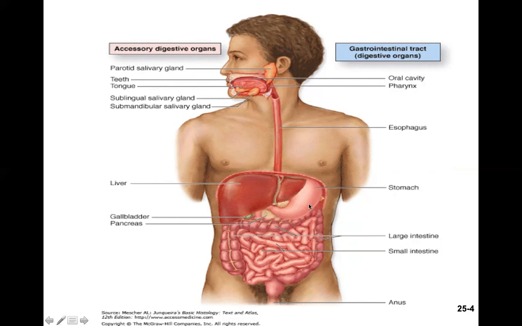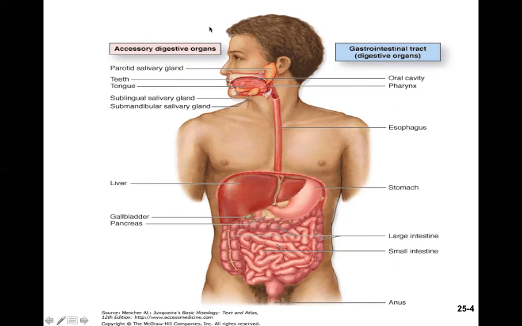The stomach empties into the small intestines, the small intestines empties into the large intestines, and then the large intestines is connected to the anus so that the food leaves. These are the main organs of the digestive tract. The digestive tract is actually a big tube that goes from your mouth to your anus. One big, very long tube.